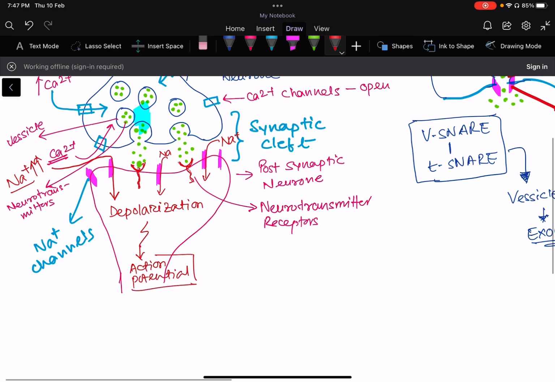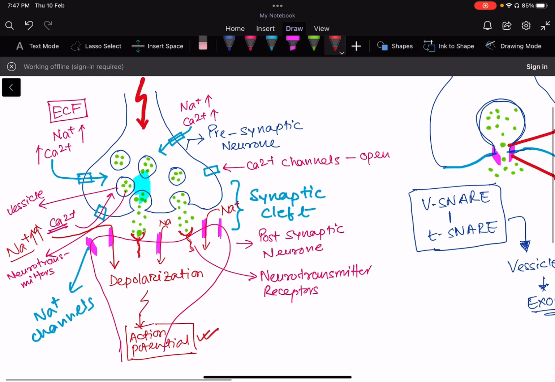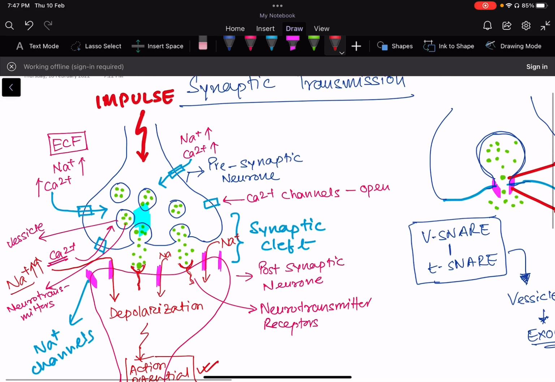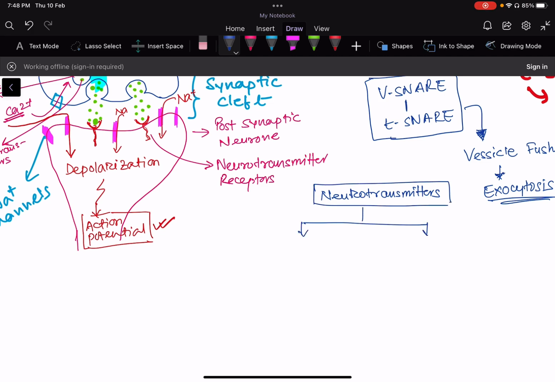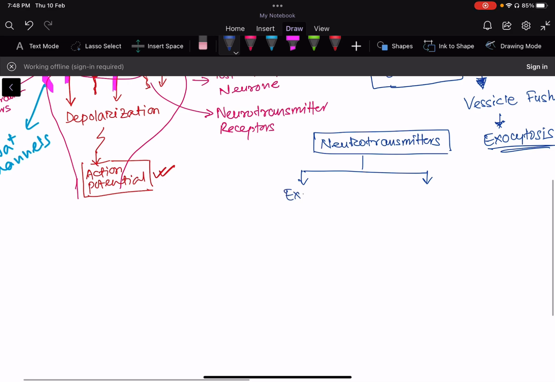Now to produce this action potential in the postsynaptic membrane, we need these neurotransmitters to be excitatory. Neurotransmitters can be of two types: one is excitatory and another one is inhibitory.